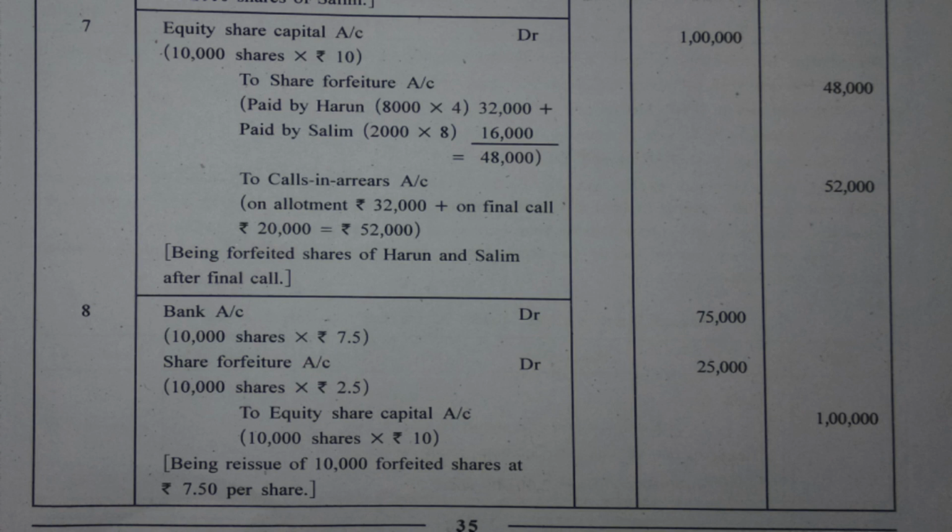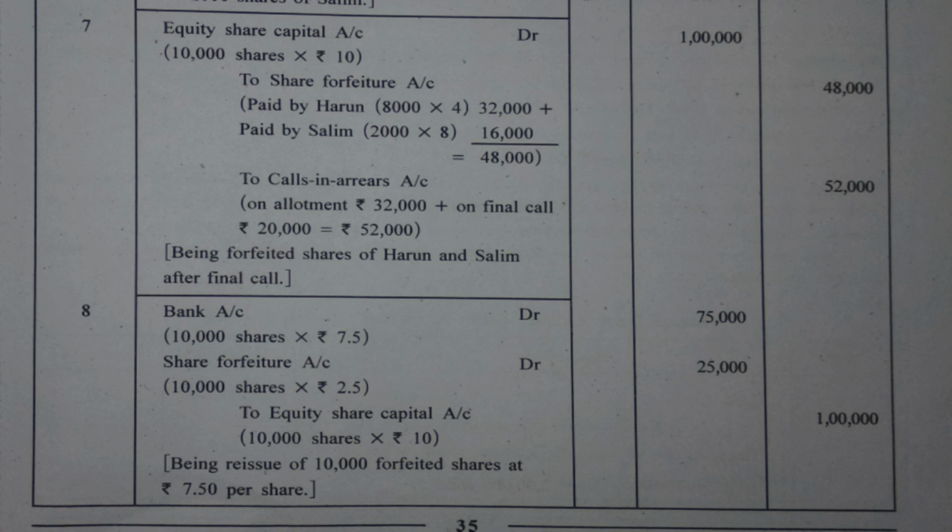Now, simply speaking, always at the time of forfeiture of shares, the very first thing that you are going to do is to debit equity share capital account. That is what is done here. So here, 10,000 shares have been forfeited. One share is of rupees 10.